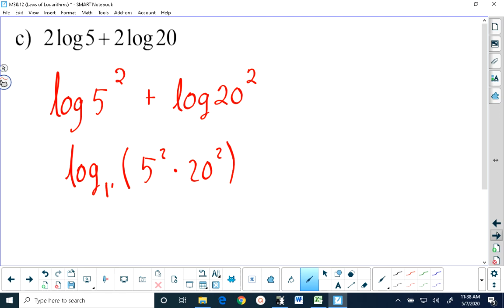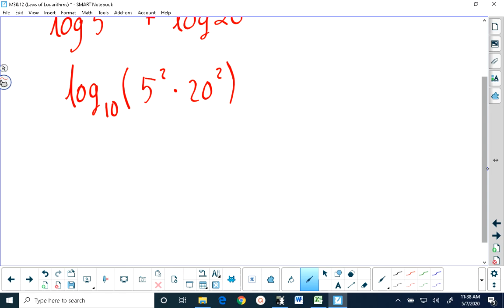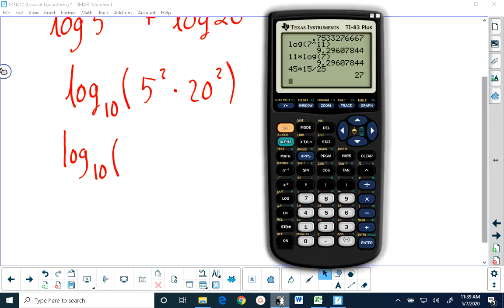Don't forget this is log base 10. That means this is log base 10 of, well, whatever 5 squared multiplied by 20 squared is. 5 squared is 25 multiplied by 20 squared gives me 10,000.